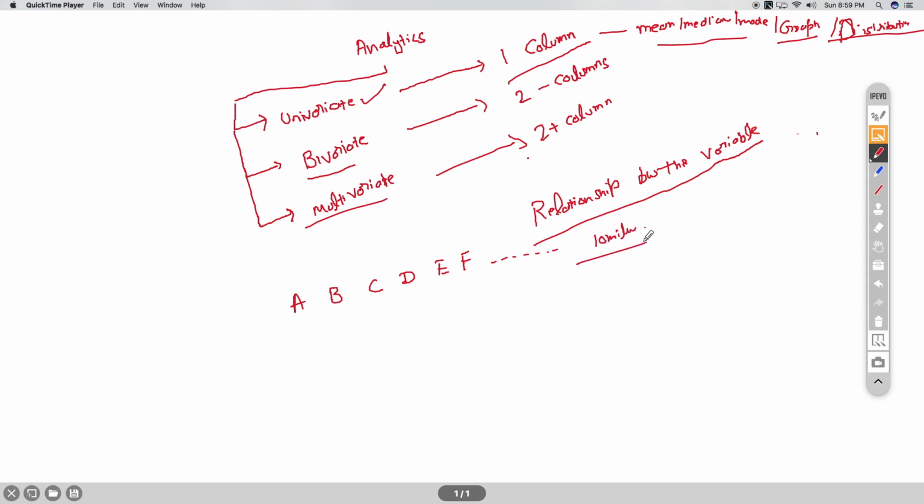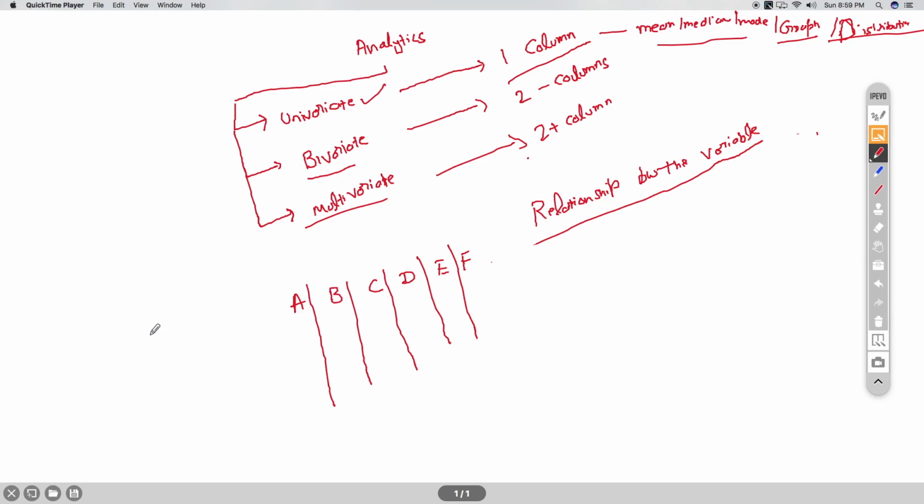But for example purposes, we only have these many variables as of now. So we have A column, B column, C column, D column, E column and F column.